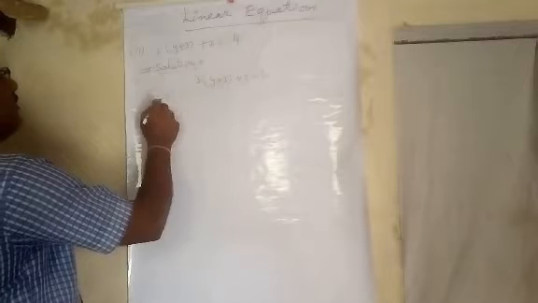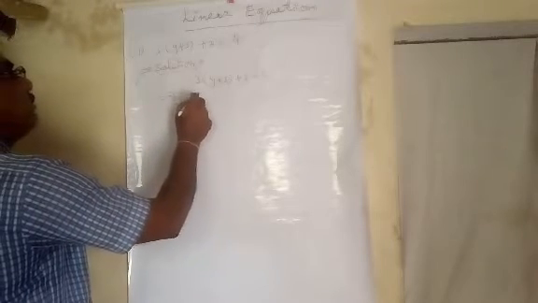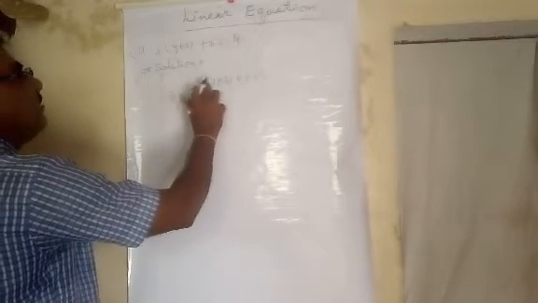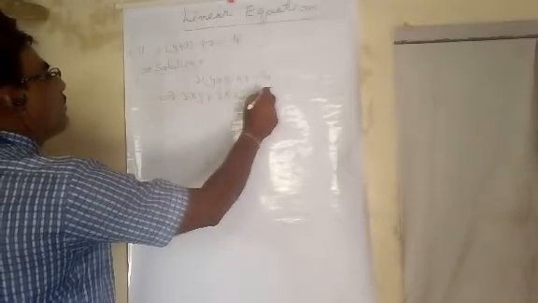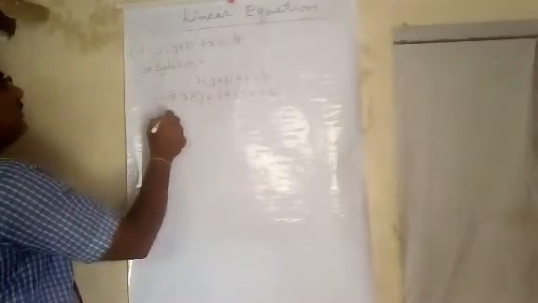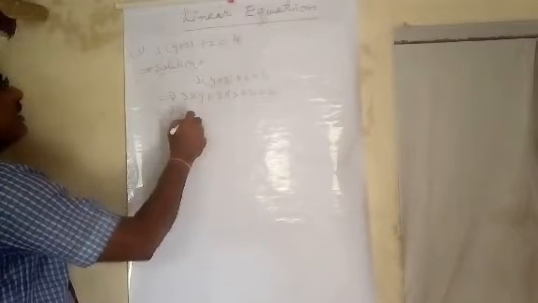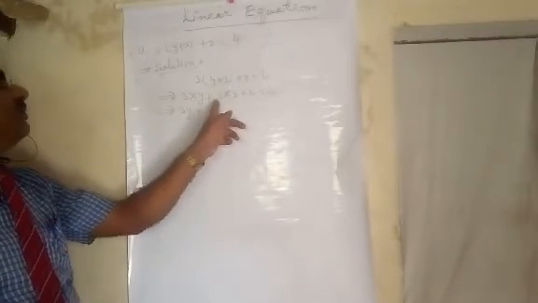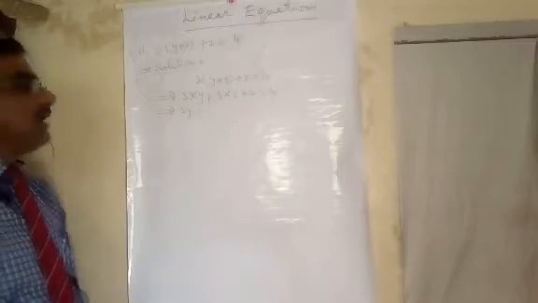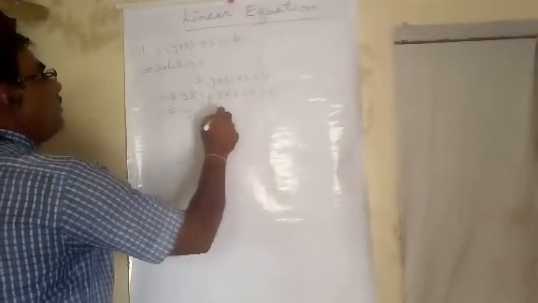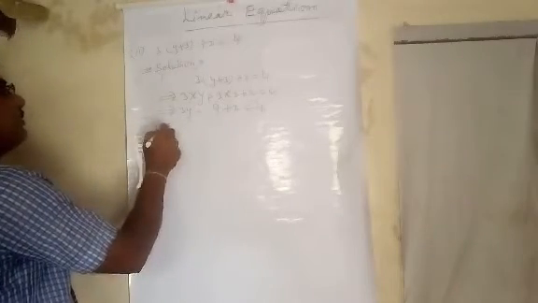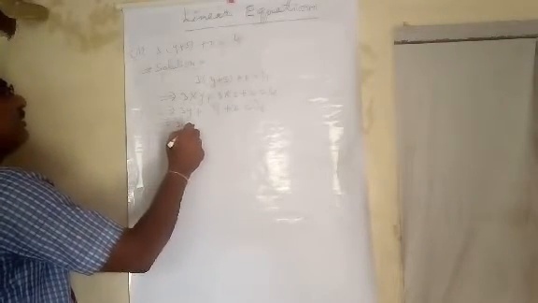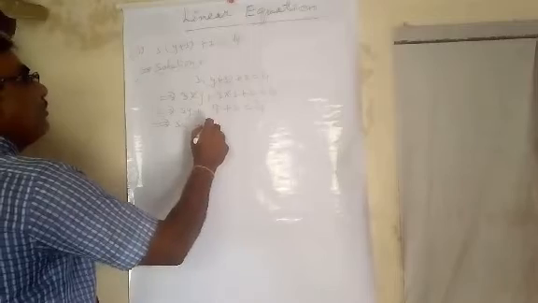Then it will be 3 into y plus 3 multiplied by 3, plus 2 equal 4. Now it will be 3y plus 9, because 3 threes are 9, plus 2 equal 4. Therefore, it will be 3y plus 9 plus 2, which is 11, equal 4.